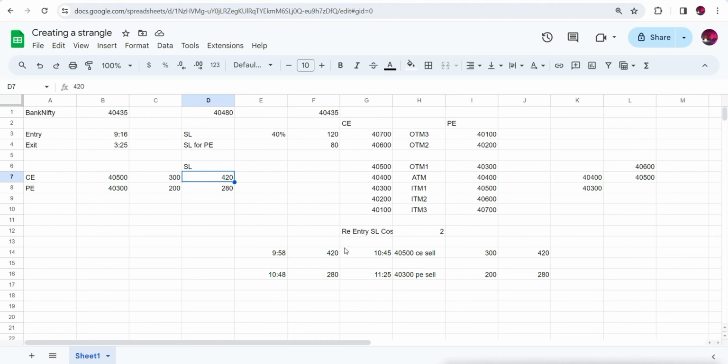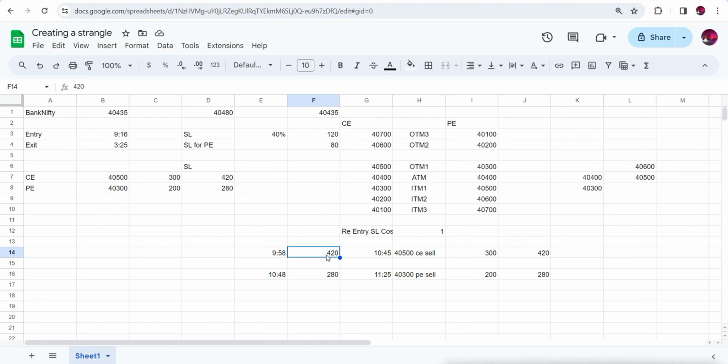Now, for the SL re-entry at cost reverse, let me enter 1 here. So we are re-entering 1 time. Now assume at 9:58 the 420 stop loss was hit. So our stop loss was at 420 for the call option, and it hit.